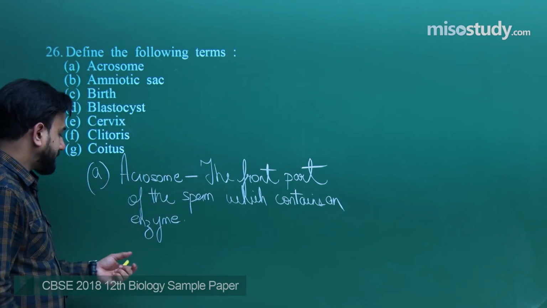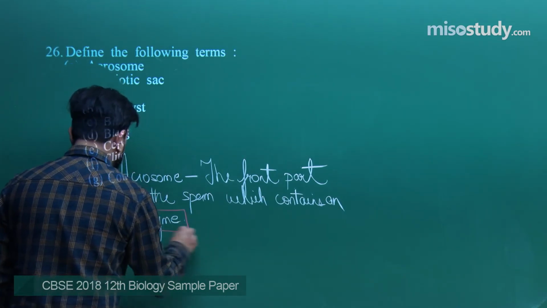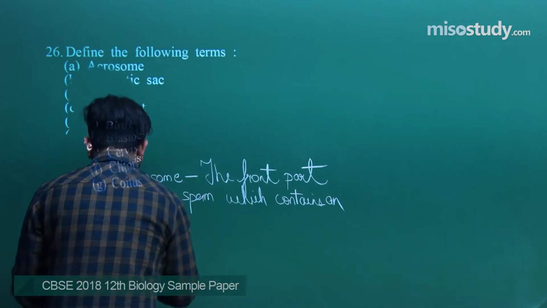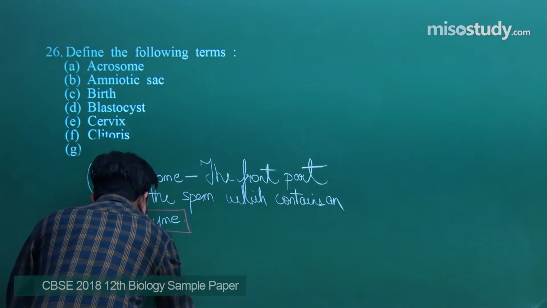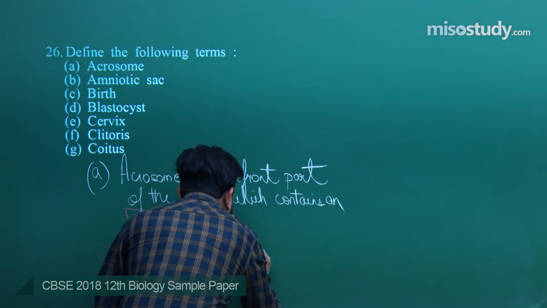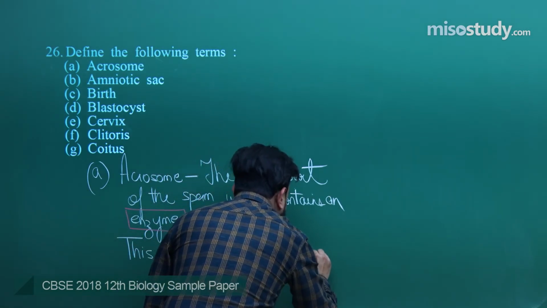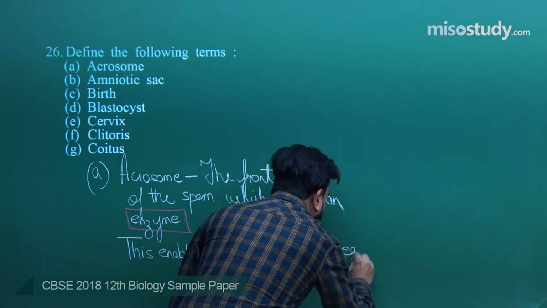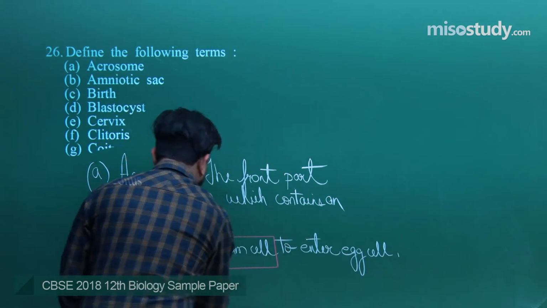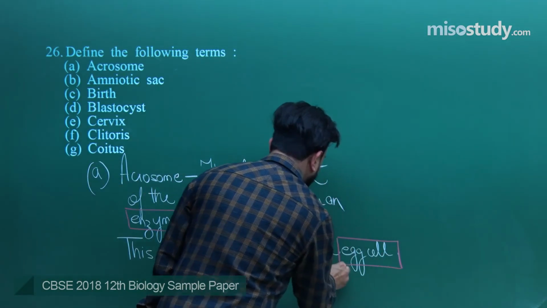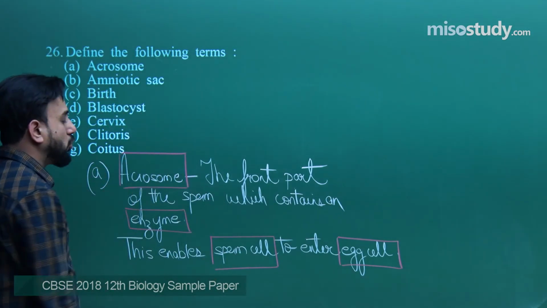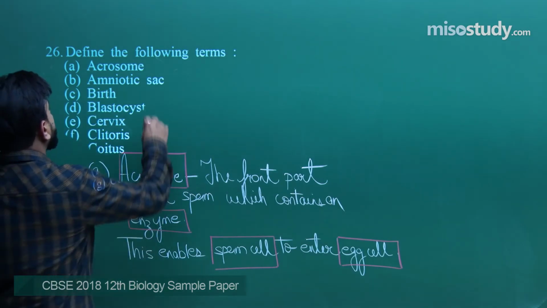This enables the sperm cell to enter the egg cell. So this enables the sperm cell to enter the egg cell. This is the acrosome. The next thing is the amniotic sac.